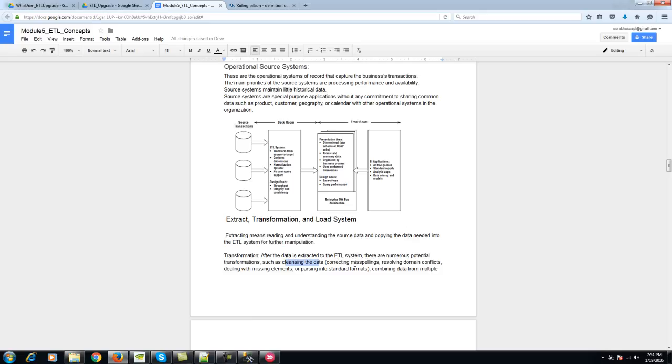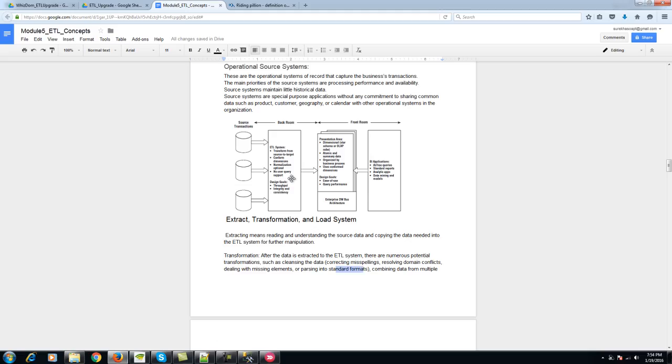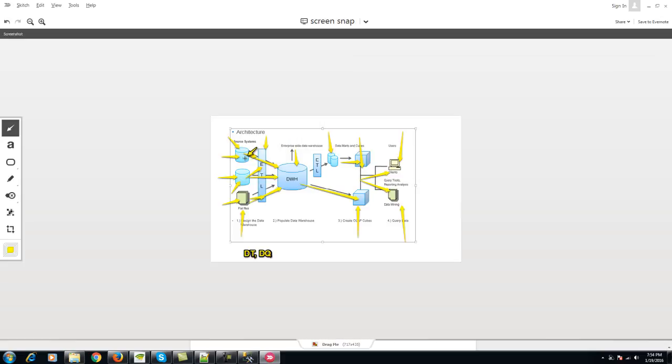That transformation can be cleaning. When I say a cleaning task, it can be a spell correction, a domain conflict check, a missing element, or, if you have a null, how you want to show it, or any standard format. Because if you have data coming from multiple sources, and in one source it is coming as USA and from another source it is coming as United States, both are ideally the same.